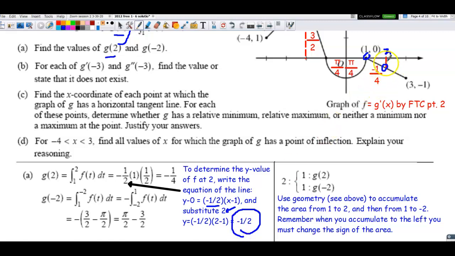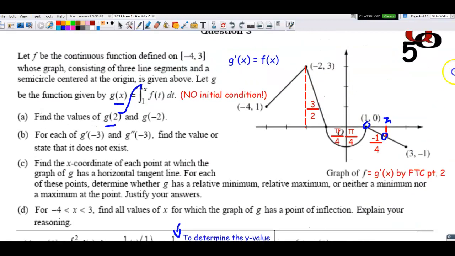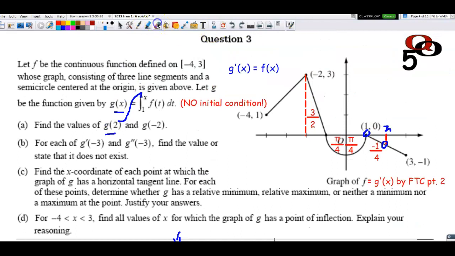So now I know that this y value is a distance of -1/2, and I'm going to find the area of that triangle by 1/2 base times height. So the base is 1, the height is 1/2, take half of that, and because the area is below the x-axis and I'm moving from left to right, I'm going to get a net accumulation of area of -1/4.